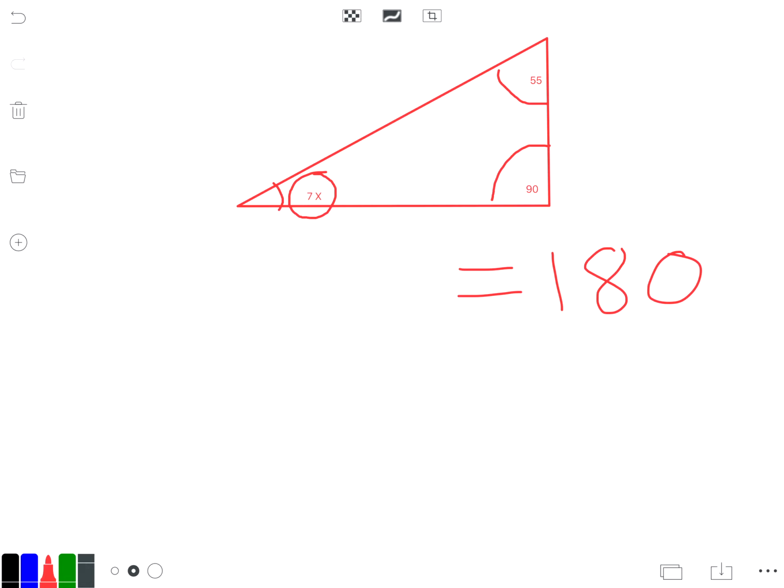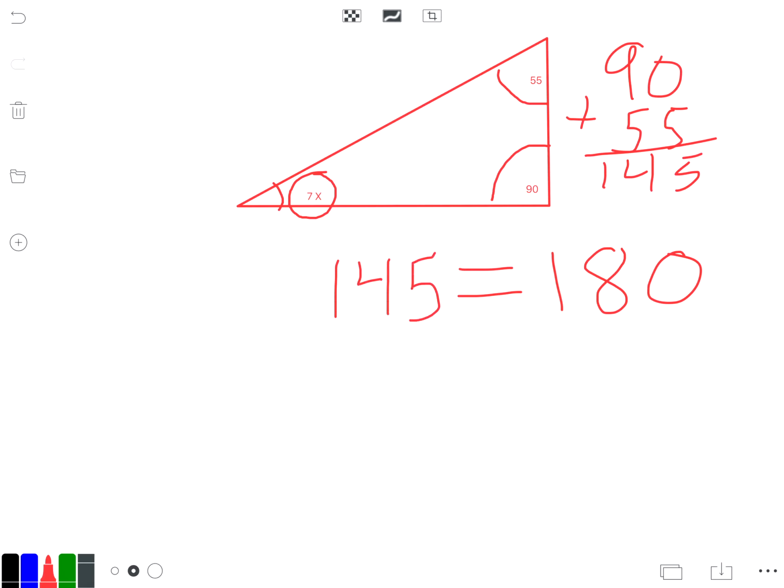So we have 90 plus 55, you're going to get 145. And then you have the 7x you can bring down. So 7x, or 7 times x, plus 145 equals 180.